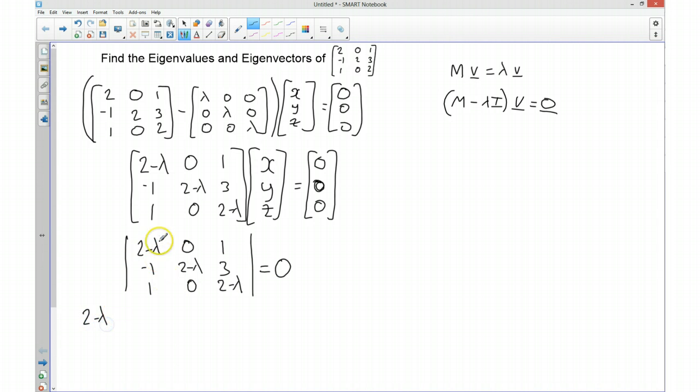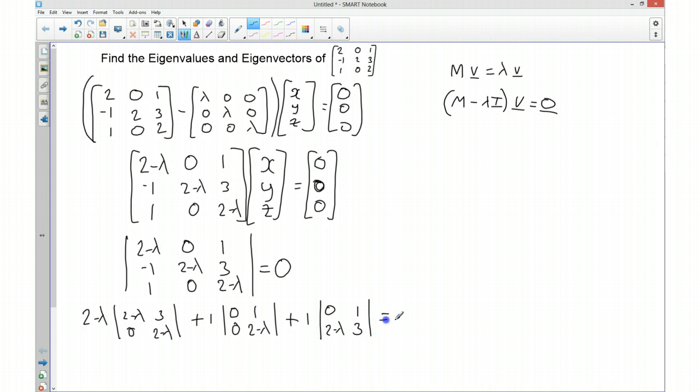So I'm going to just simplify this. So that's going to be plus 1 times the determinant of that there. And what's the determinant of that there? And I want that to be equal to 0, brackets around there.